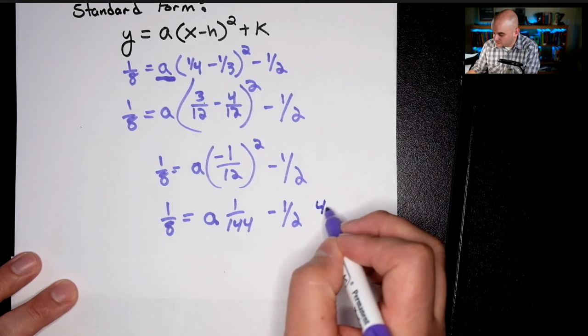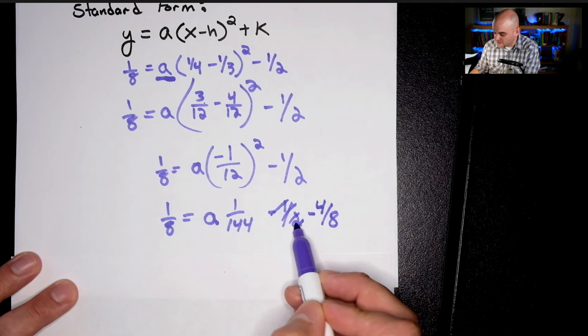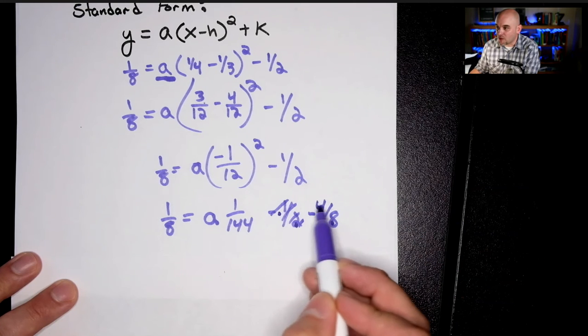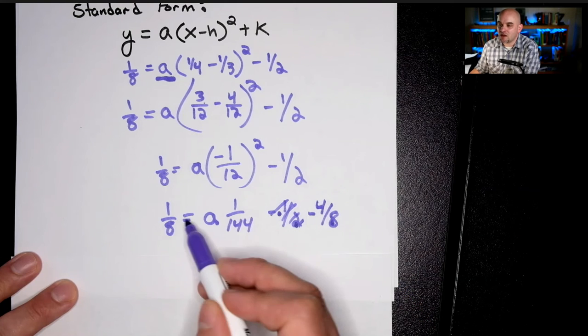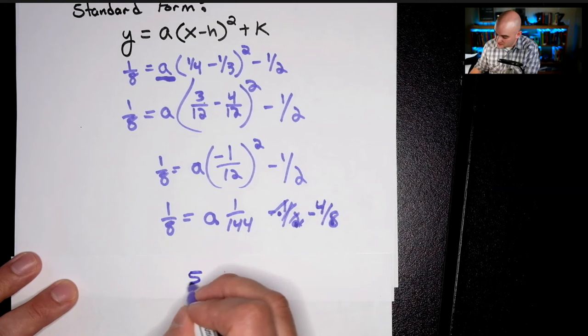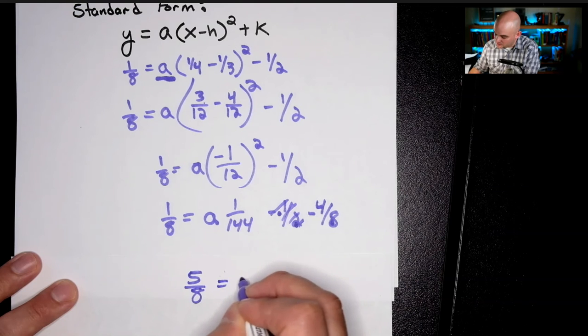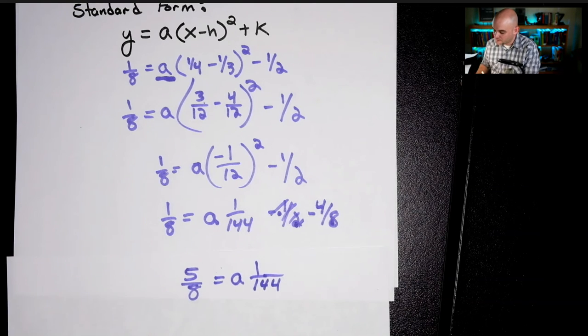If I make it 4/8, that's the same thing as 1/2. Notice I multiplied the 2 by 4, got to multiply that 1 by 4. And now I can add it to 1/8. So when I add 4/8 to both sides, I get 5 over 8 equals a times 1 over 144.